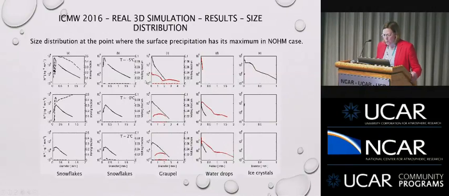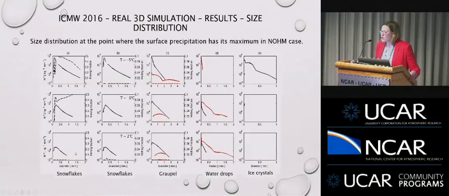You can also see that in the case without Hallett-Mossop, we have higher number concentrations of the larger water drops, which can be caused by fewer graupel particles and no snowflakes.